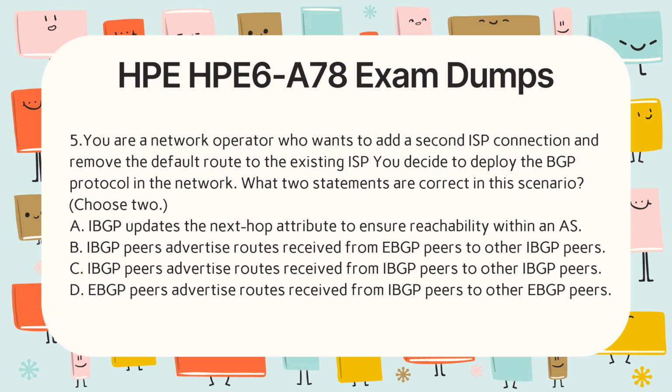B. IBGP peers advertise routes received from eBGP peers to other IBGP peers. C. IBGP peers advertise routes received from IBGP peers to other IBGP peers. D. EBGP peers advertise routes received from IBGP peers to other eBGP peers.